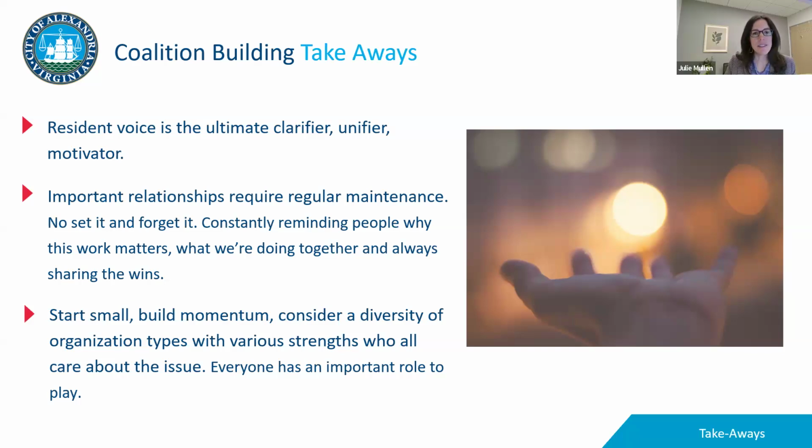There's always hurdles, like I said, cost of living and poverty rise to the top across offices at the City of Alexandria. The zoning and planning department led an award-winning Zoning for All campaign a few years back.